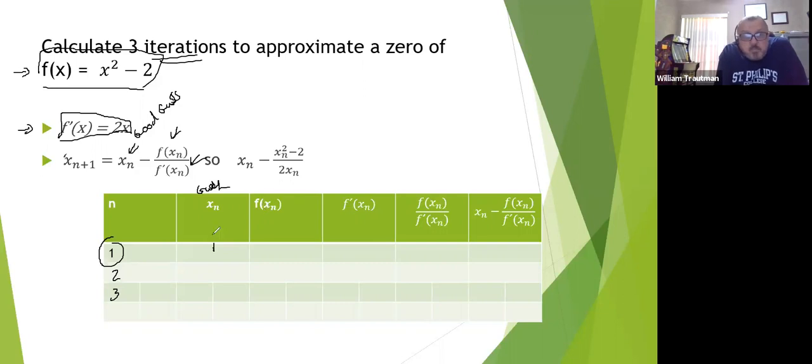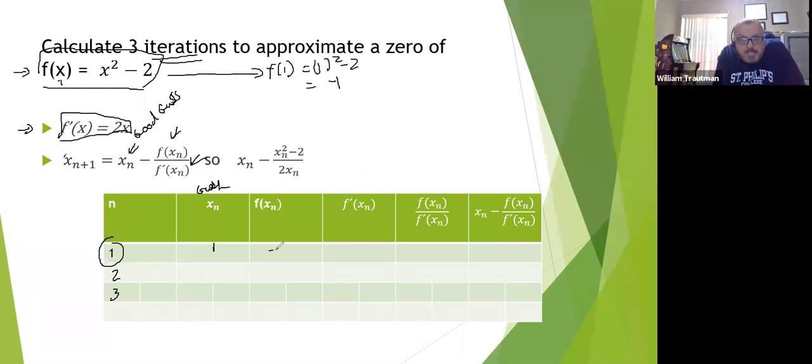So first, x of n equals 1. We're going to plug 1 into the x value of our function. 1 squared minus 2 equals -1.